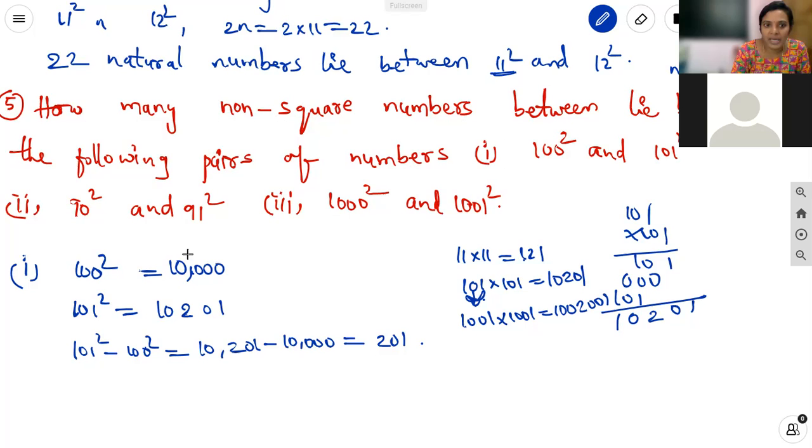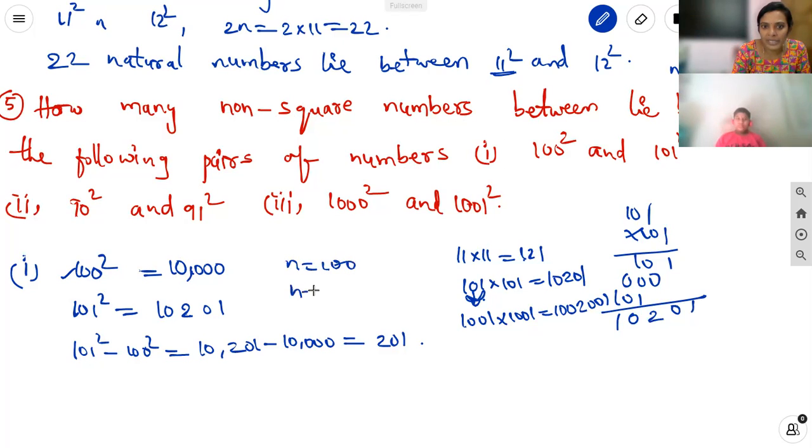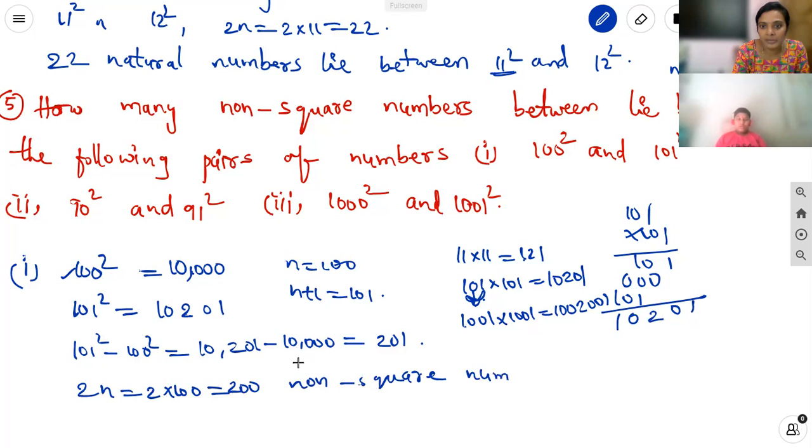Because in the same way, already we know that 100 square, 101 square, n equal to 100, n plus 1 equal to 101. So, 2n equal to 2 into 100 equal to 200 non-square numbers between 100 square and 101 square.